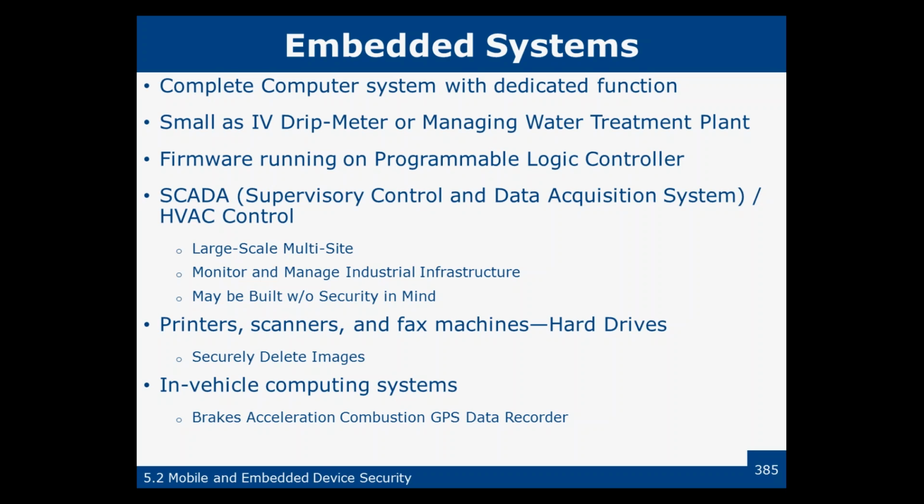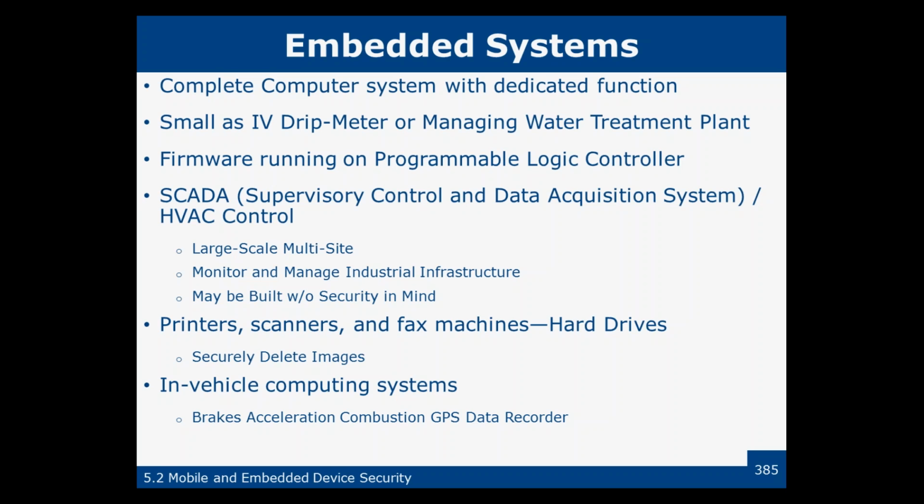So embedded systems can be as small as an IV drip meter, or could be a system large enough to manage a water treatment plant or anything else. Industrial control systems are usually going to use firmware running on a PLC, programmable logic controller.